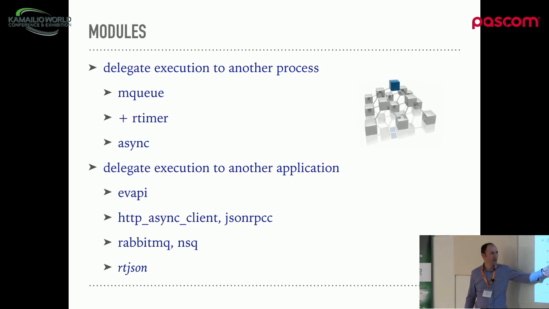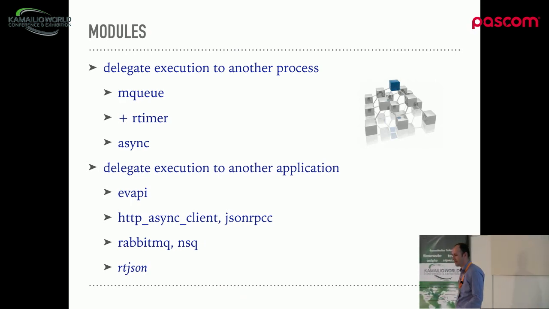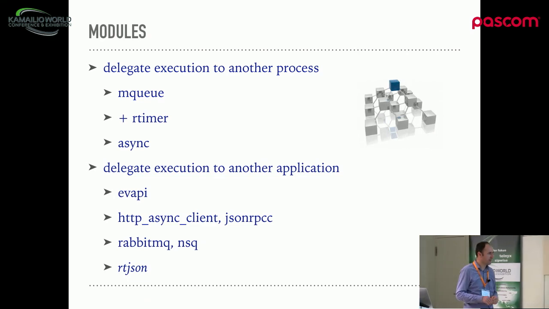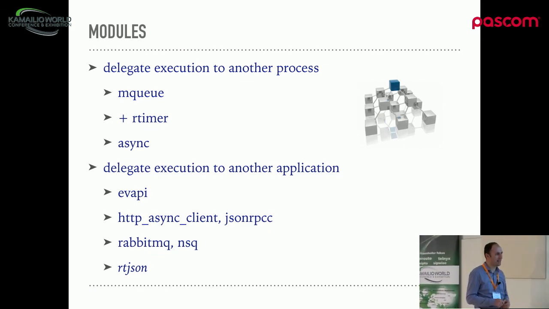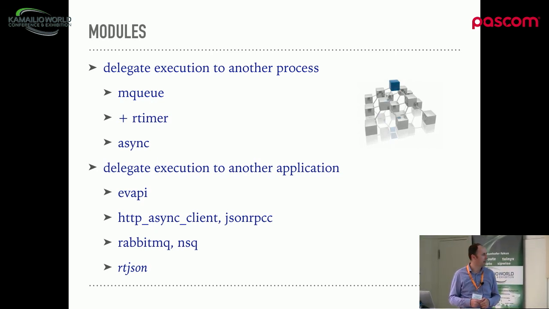How you interact with your application: again, AV API, HTTP async client. Federico is here, so he can give more explanation about it if you need. It's an asynchronous HTTP query. JSON RPC C, so JSON RPC client. The guys at FlowRoute developed it in the past, so they are also around here. Maybe not the initial developer, but they can eventually help.